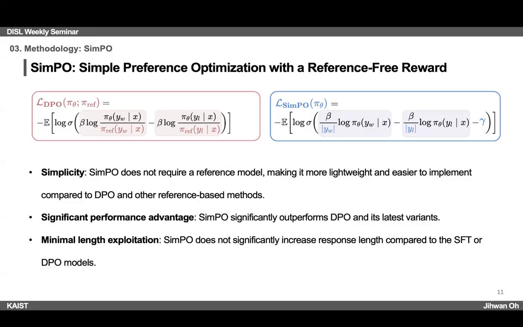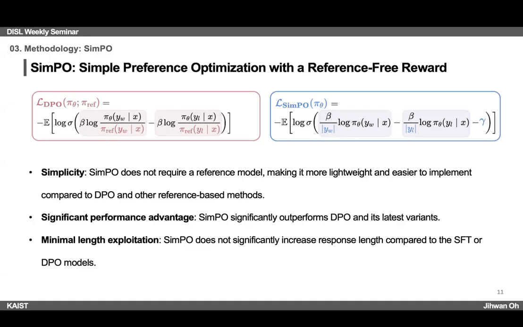Imagine that we train our model with SimPO in stage one, and again train the model using SimPO in stage two, and we repeat this multiple times. Then the model naturally moves far away from the reference model, and I think there could be a risk of forgetting a lot of knowledge in the original reference model. So that's why I wanted some clarification on the removal of the reference model.